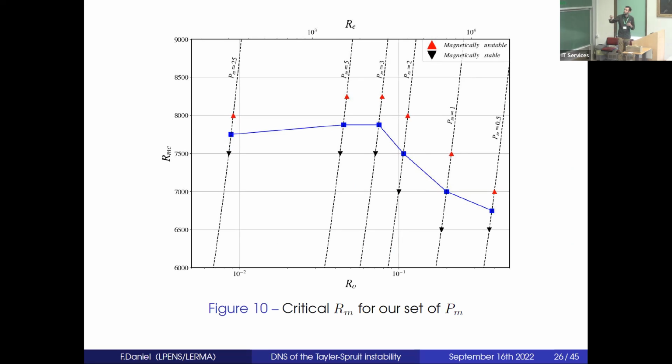But here it seems that we somehow have only a plateau, as the magnetic Reynolds number only changes by about 10%, around 7,000 to 7,500, whereas the Rayleigh number changes by more than one order of magnitude. It's something I'd really like to discuss with you, because it seems to be quite different from what Ponty or Gissinger found in the papers from before.